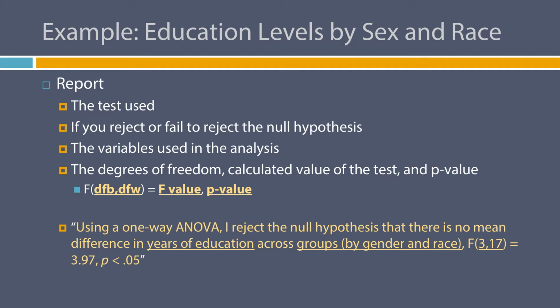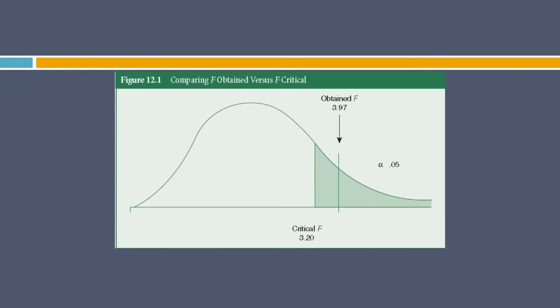Right now we don't have a full p-value because we haven't hand calculated everything, but we know that it's less than 0.05, less than a 5% chance that the null hypothesis is true in this case. So we say F, in parentheses 3, comma 17, equals 3.97, which is our calculated F value, and then p is less than 0.05. And this is what it looks like.